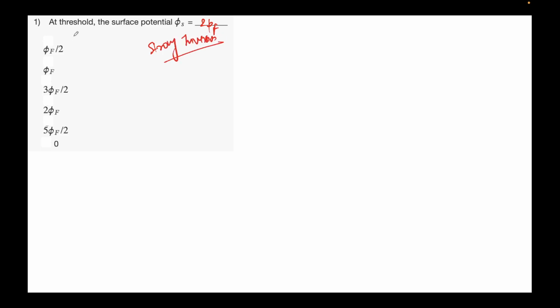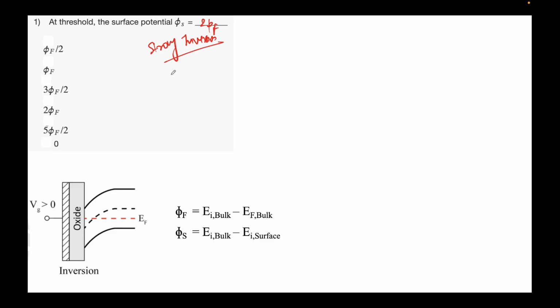This term will come again and again when we talk about MOSFETs, metal-oxide-semiconductor field effect transistors. The stack will remain the same, metal-oxide-semiconductor, but we'll have two more terminals there. Hence, formally, we must define strong inversion when phi s equals 2 phi f.